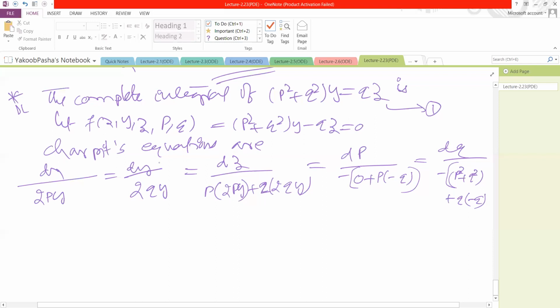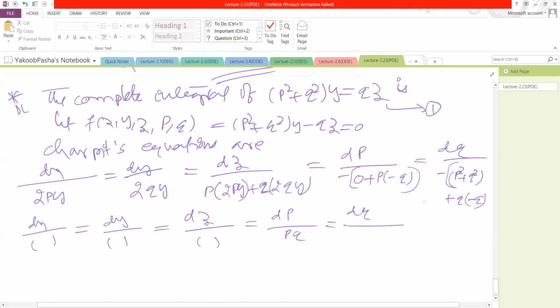So we can write this as same dx by same term, dy by same term, and dz by same term is equal to dp by minus pq, here minus, so pq, dq by, you can see minus q square plus q square will be cancelled, dq by minus p square.